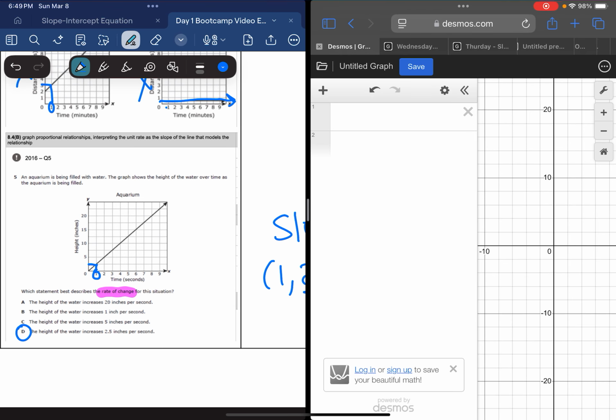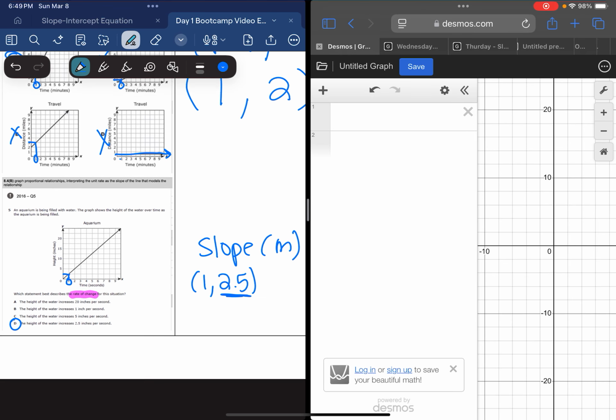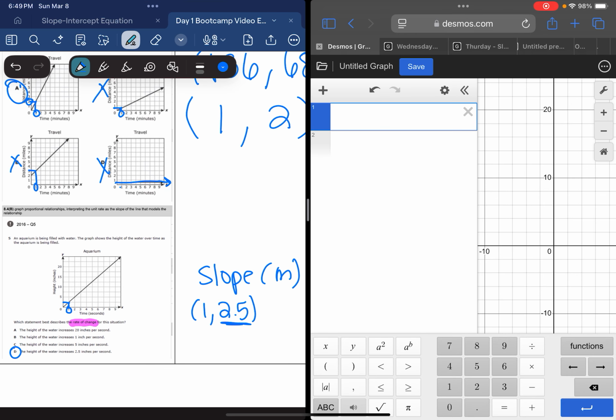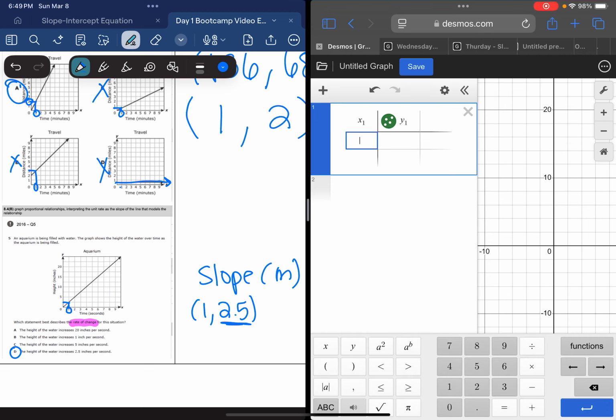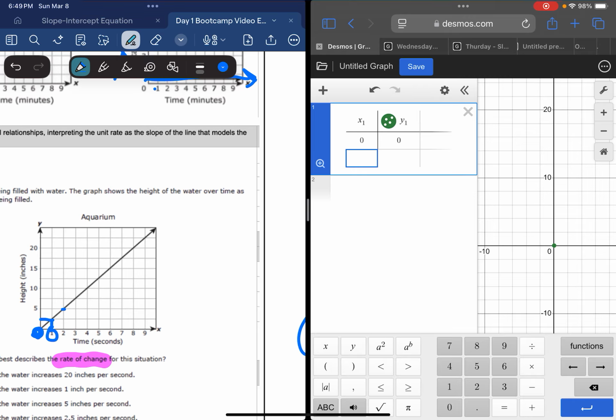Or, if this doesn't make any sense to you, we can do this the way that we're very familiar with, creating a table on Desmos, finding 2 points. Because this is proportional, I'm going to choose 0, 0. And an easy point to find would be 2, 5.